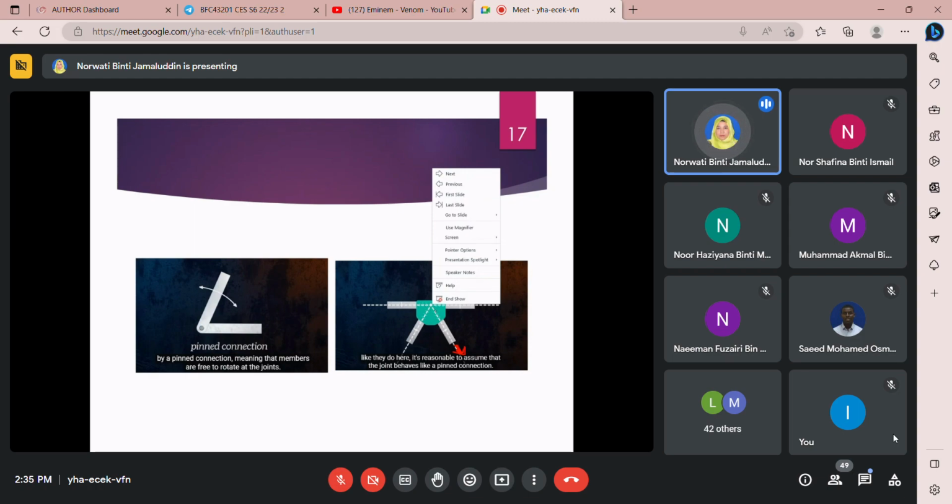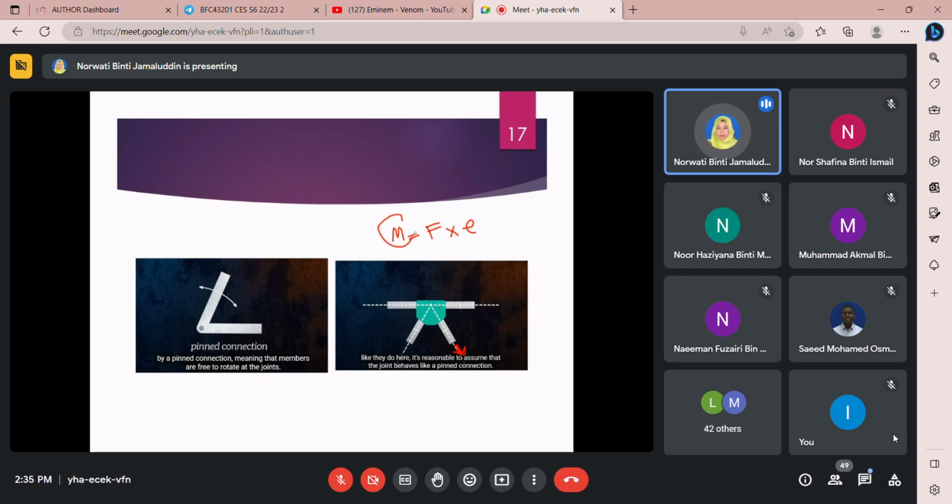If you have eccentricity, it will create moment. Moment is force times distance. The distance is the eccentricity for this truss member.